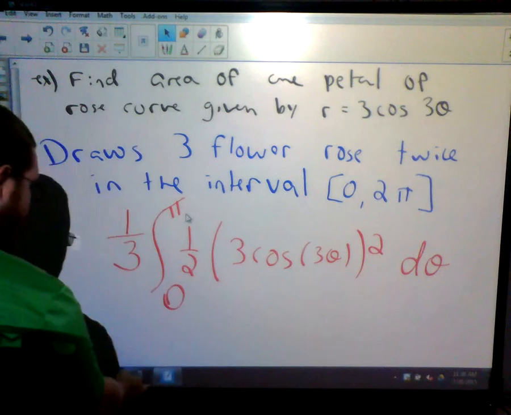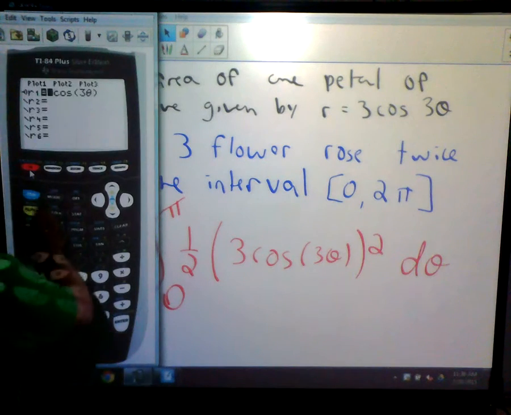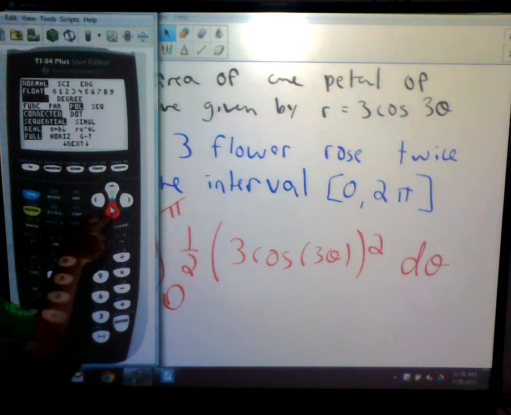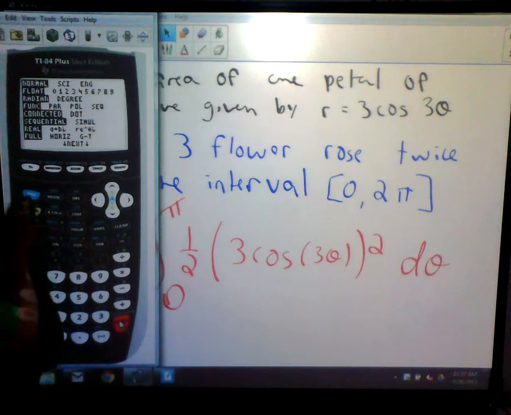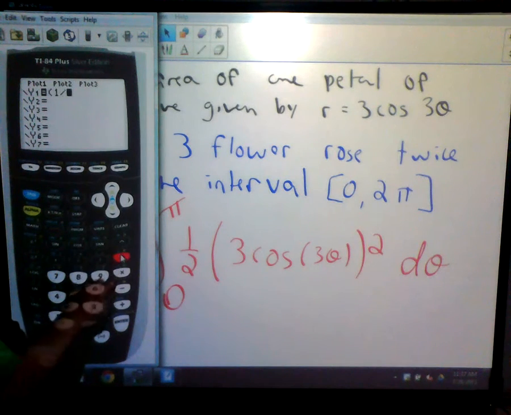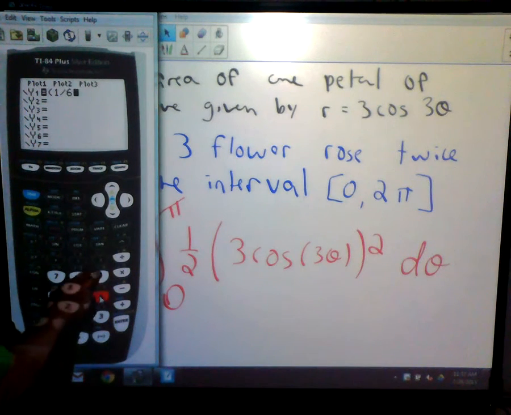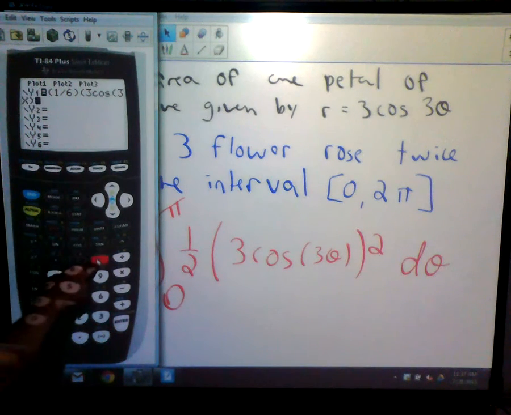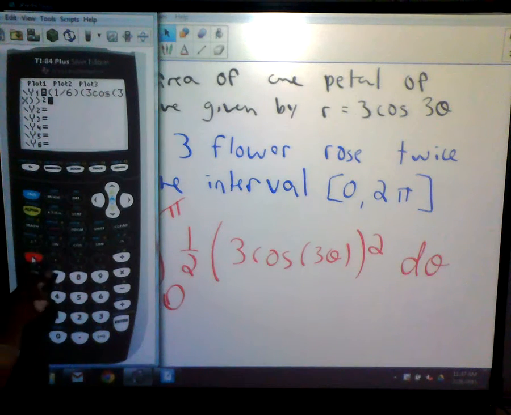So let's grab my calculator. Let's go to y equals. Oh, I need to turn it back to regular function, rectangular mode. So I'm going to cheat and put 1/6 in here so I don't have 1/3 and 1/2. 3 cosine 3x, squared.